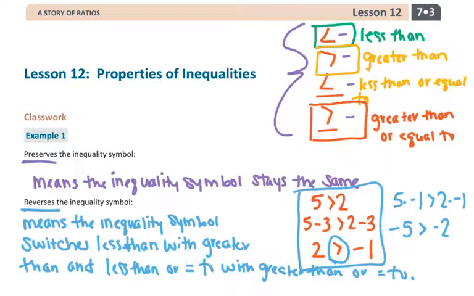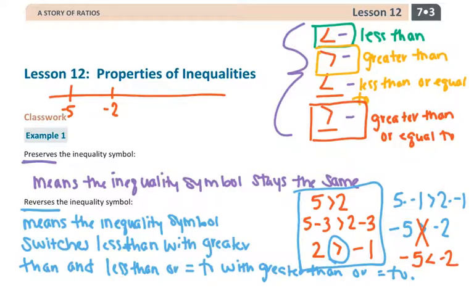That's no longer a true statement. Remember that on a number line, negative 5 would be right here, and negative 2 would be closer to 0. So negative 2 is actually greater than negative 5. We would have to change the inequality symbol to say negative 5 is less than negative 2. That would be an example of us reversing the inequality symbol.